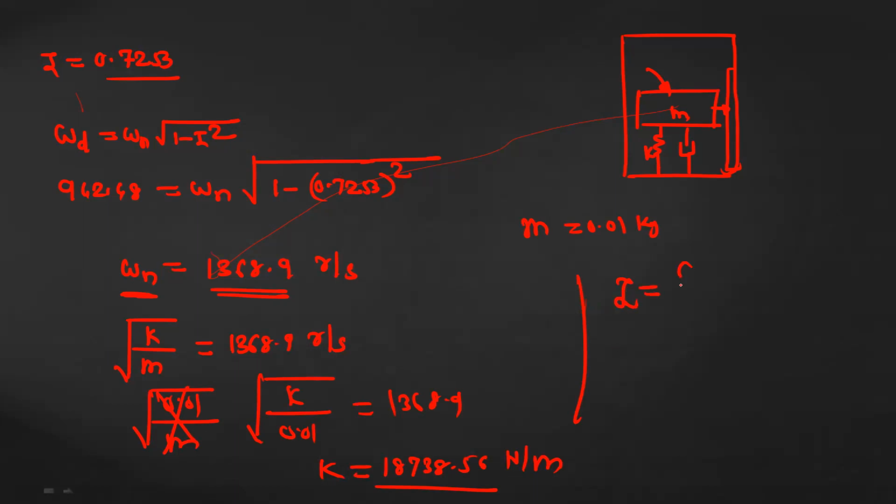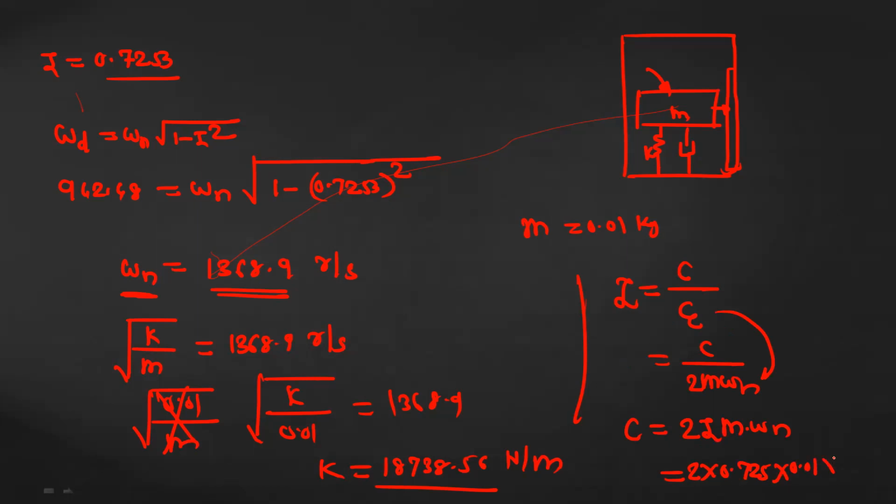And then the damping constant C we can find out from the relation of zeta. So zeta is equal to C upon Cc. So C upon 2m omega n, because the formula for Cc is 2m omega n. So C is equal to 2 zeta m omega n. So 2 into 0.725 into mass 0.01 into omega n value 1368.